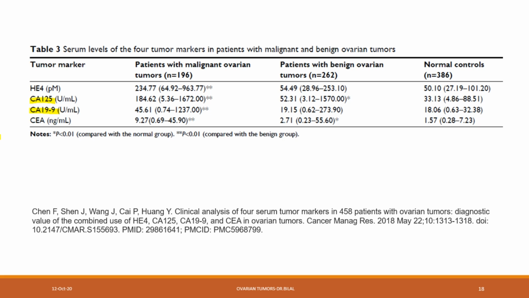I separately mentioned AFP when I talked about yolk sac tumor. But remember, CA125, CA19-9, clinicians commonly perform these two on the peripheral blood when they are suspecting a malignancy of the ovary. They actually worked on 196 patients, and this is what they found.